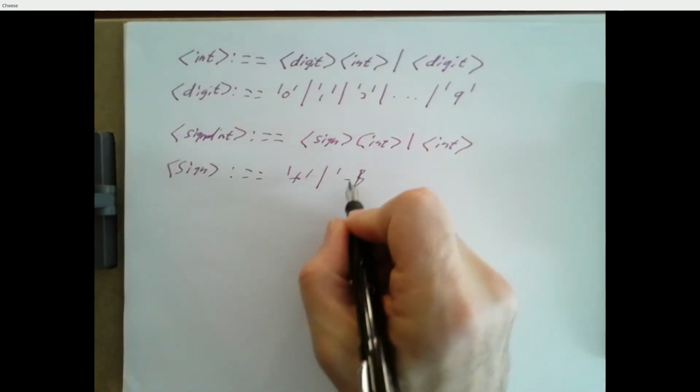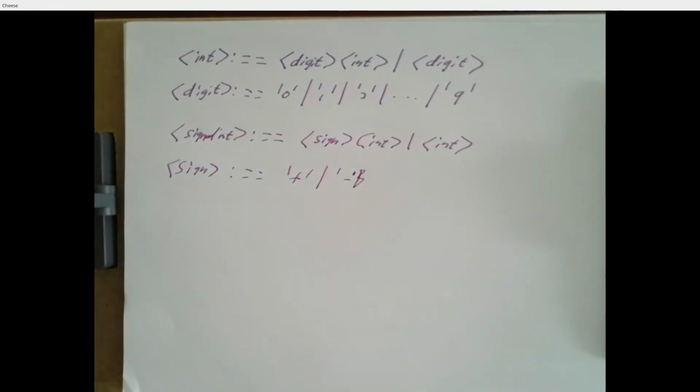That's a quote. And so we've got our regular integers, or an integer with a plus sign in the front, or an integer with a minus sign in the front. And so we can build up from these definitions.